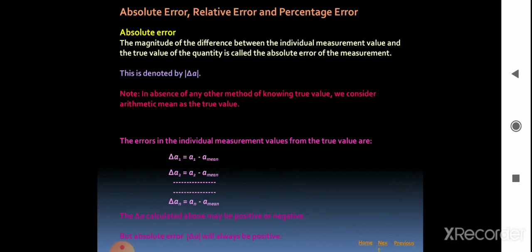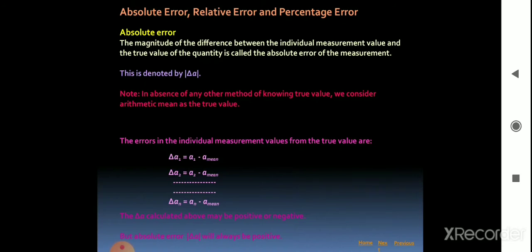Then their absolute error delta A1 is equal to A1 minus A mean. Similarly, for the second measurement, delta A2 is equal to A2 minus A mean. And so on, for n number of trials, delta An is equal to An minus A mean.